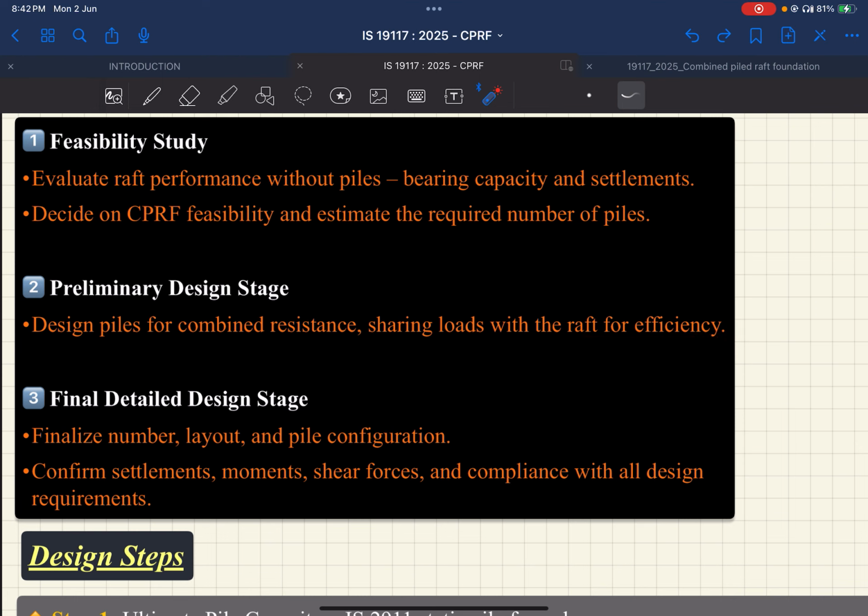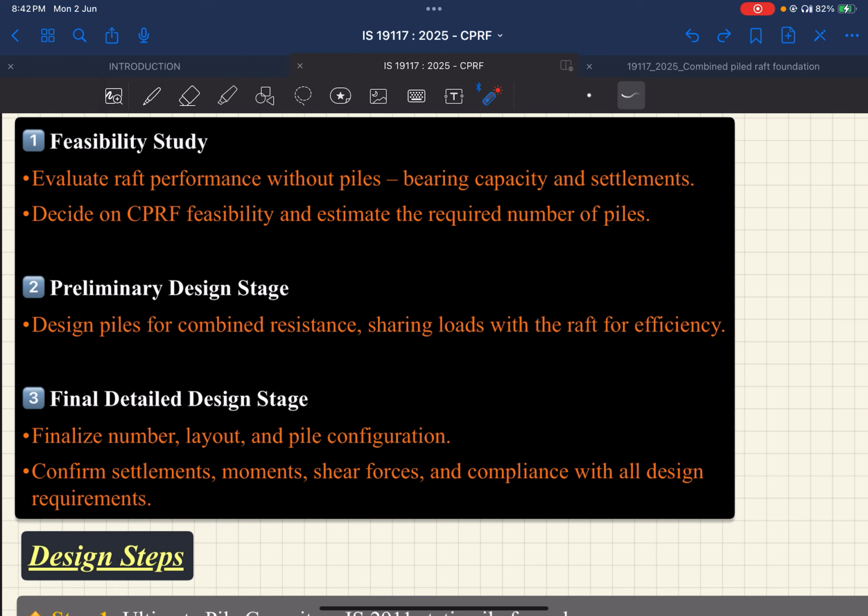The final is the detailed design stage. Here we will be finalizing the number, layout, and pile configurations, and also confirming the settlements, moments, shear forces, and compliance with all design requirements. Detailed calculations are performed to ensure that the combined system meets both structural and geotechnical design requirements under all loading conditions.